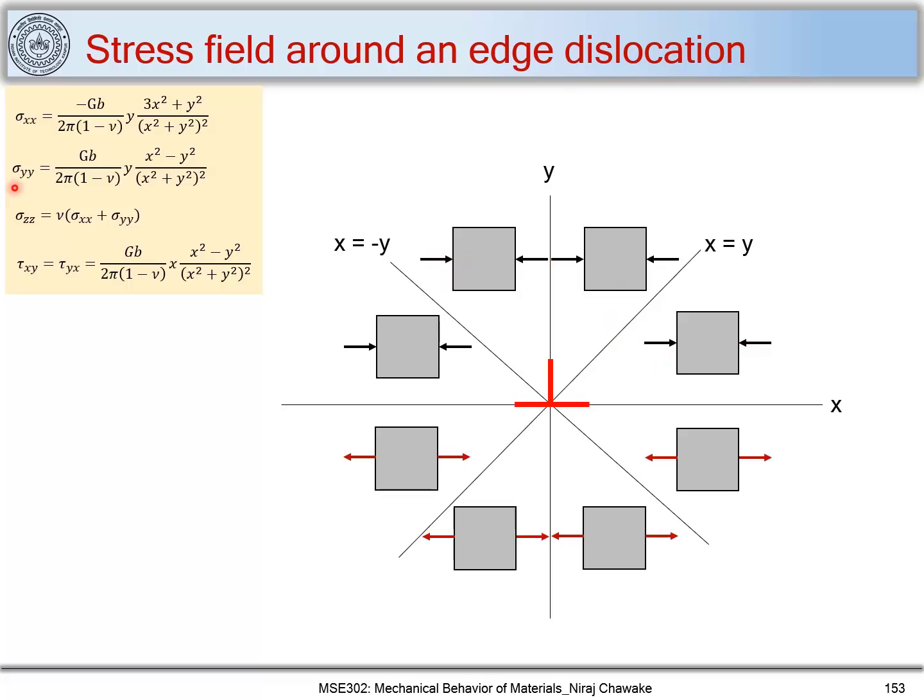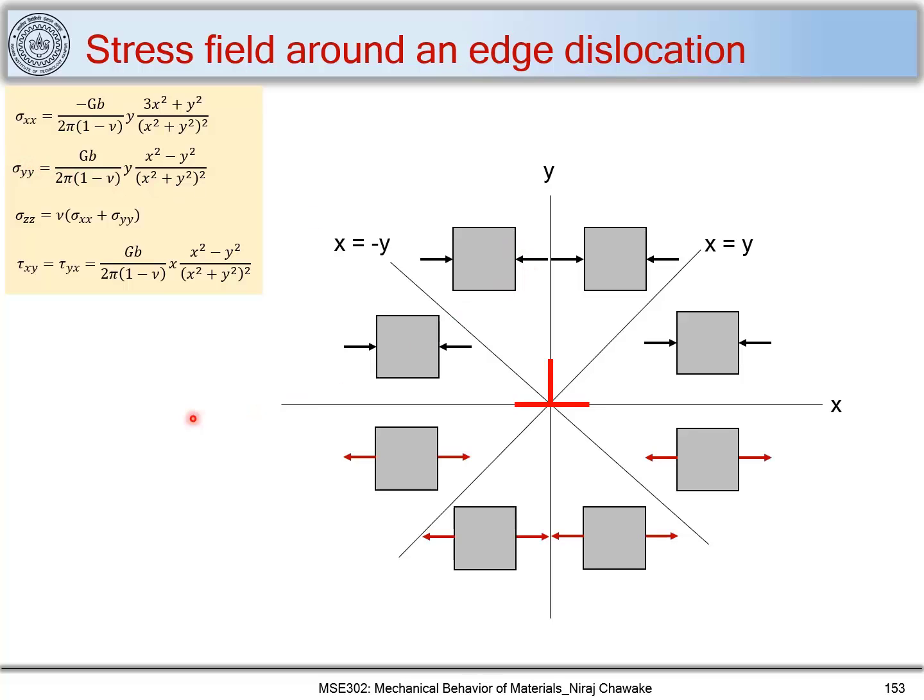Now sigma yy. You can see the two terms which determine the nature of sigma yy are y itself and the term x square minus y square. For positive y and x greater than y, sigma yy is positive.